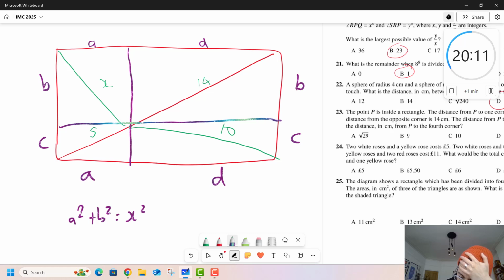We're trying to find A squared plus B squared. X squared. Oh, there's something happening here, but I'm not getting it. Plus 2C squared plus 2D squared equals 5 squared plus 14 squared plus 14 squared, so that's 25 plus 100 plus, what's 14 squared?